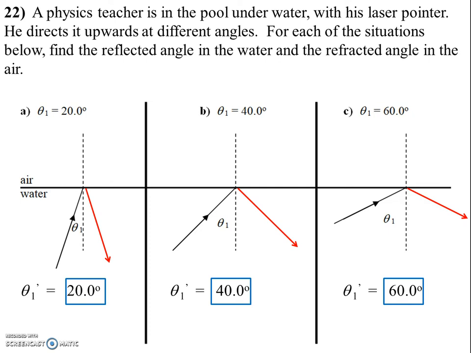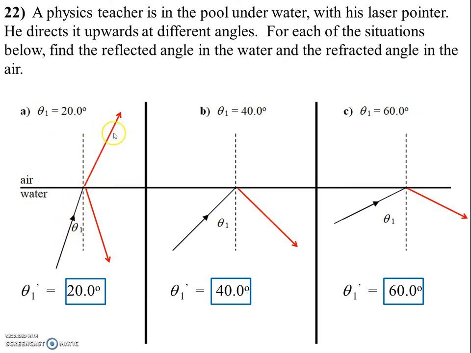Okay, so as we make our predictions, we ask ourselves the same questions over and over. As light goes, in this case, from water into air, is it speeding up or slowing down? And you say, oh, it's going to air, closer to a vacuum, it's speeding up. Does that mean the light is bending towards the normal or away from the normal? You say, oh, speeding up, it's bending away from the normal. So what does that look like? Something like this, right? I don't know how much away from normal, but it's not going in a straight line. A straight line would be 20 degrees, we just keep going.